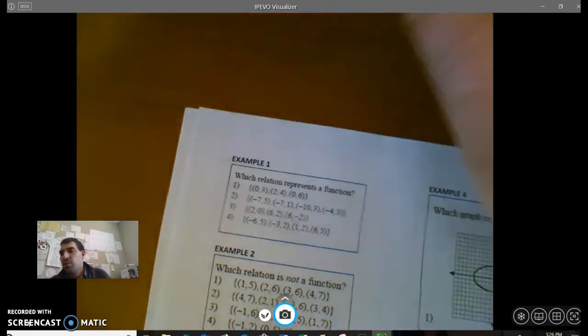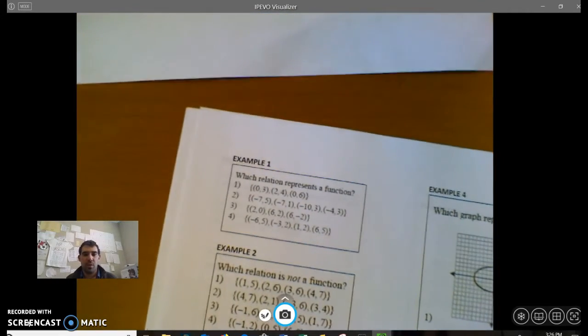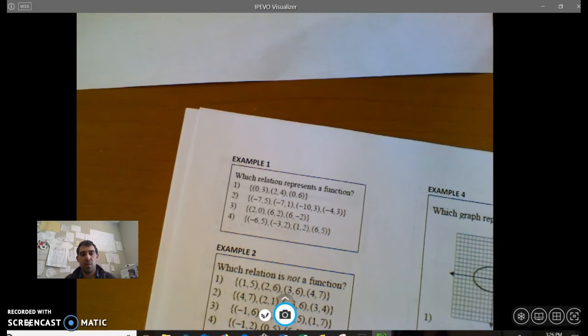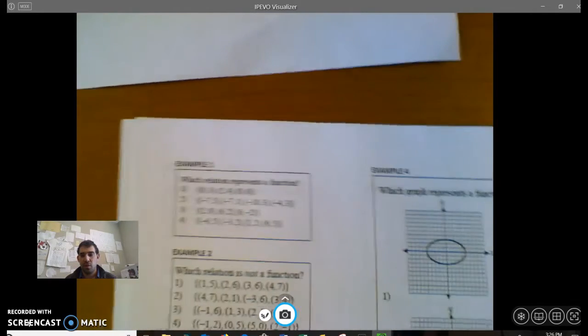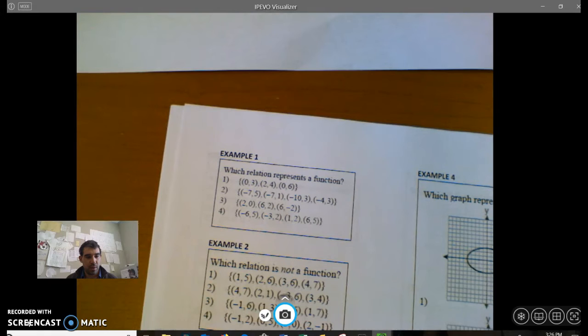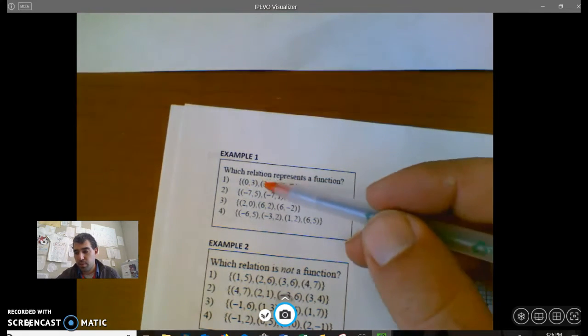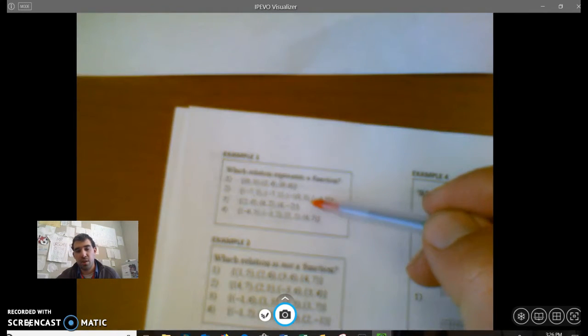This one says which relation represents a function. So these are all relations, a relation of ordered pairs. It's asking us which of these represents a function.